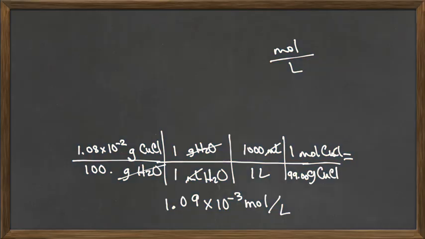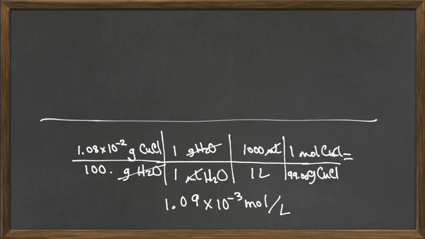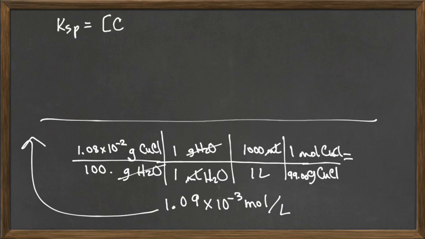So I'm going to leave that right down there, and I'm going to start to work right up here at the top. Now that we have that value, our KSP expression for this one is copper times the chloride ion. Those were a 1-to-1. All of our coefficients were 1, 1, and 1.